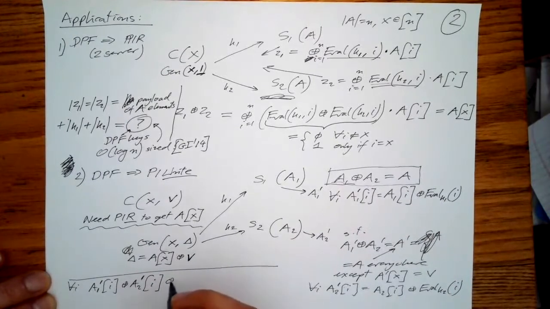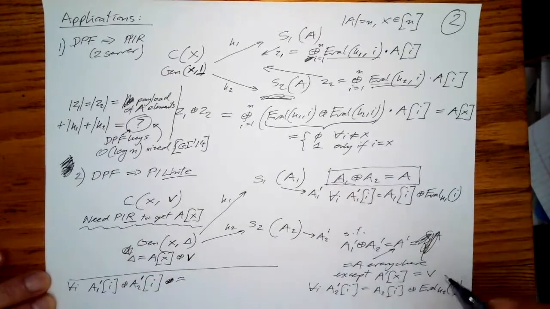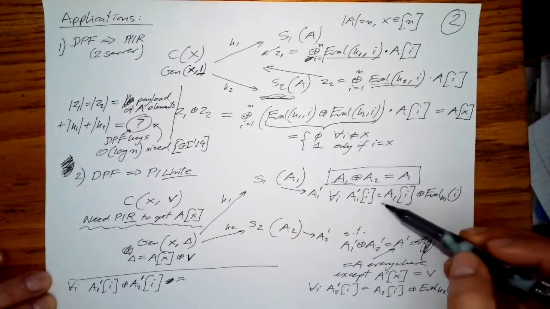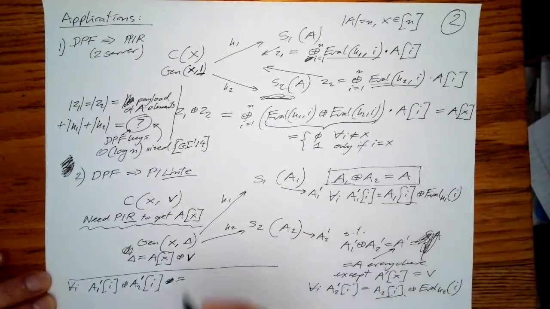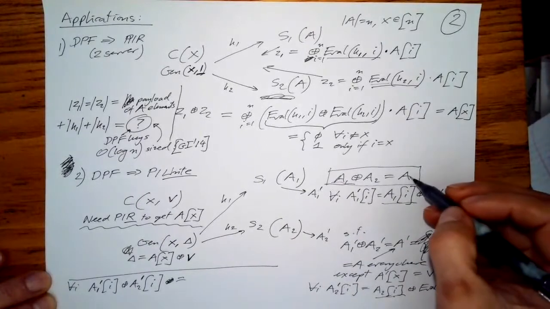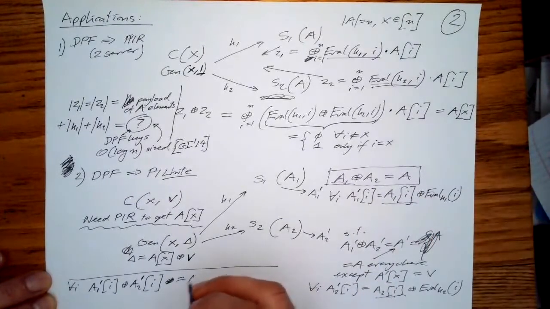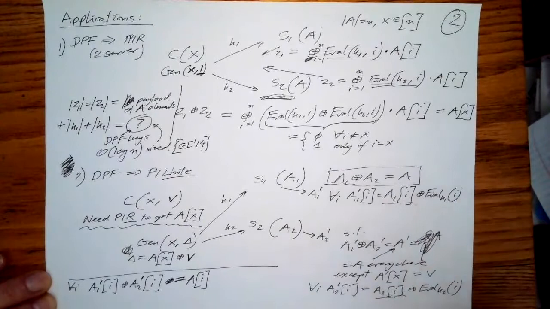So this is equal to the XOR of the previous, the XOR of this with an XOR of that, and that is the old array A at I, XOR these differences.